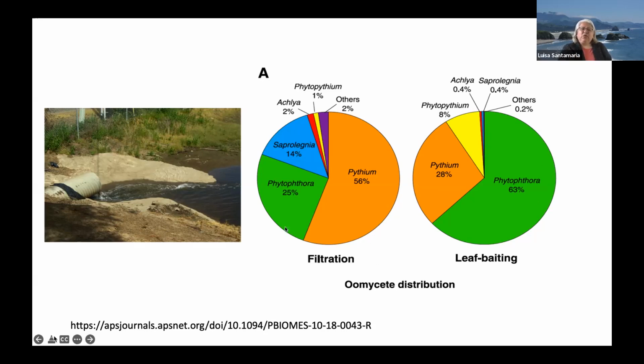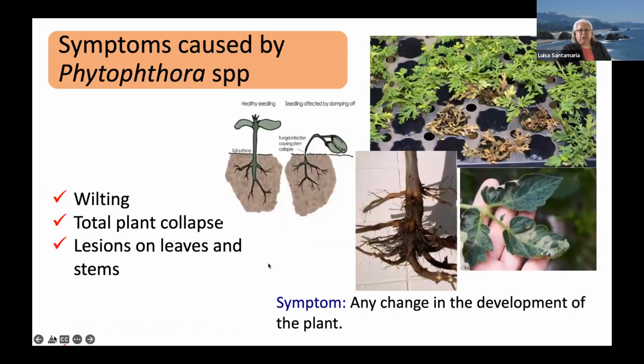And so if they do a filtration technique, they were able to isolate more species of Pythium than Phytophthora. So like you can see, depending on how the research does the isolation, they can identify more or fewer species. Just sharing, talking about the diversity, right? That there are other factors also that we need to consider when we do research.